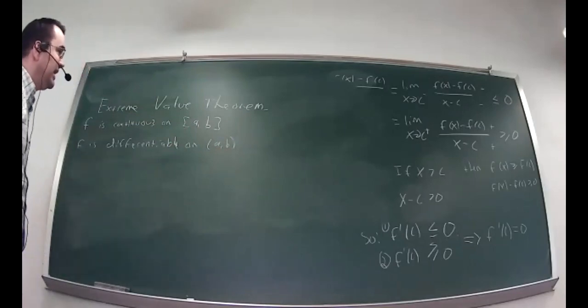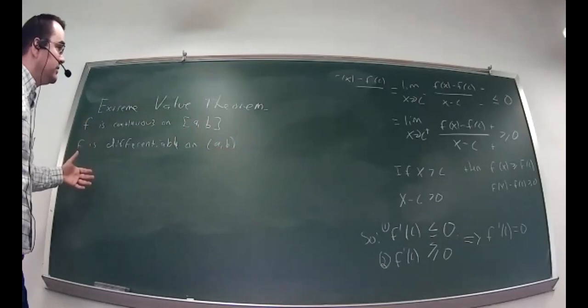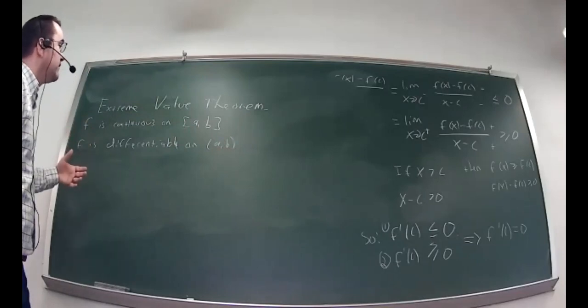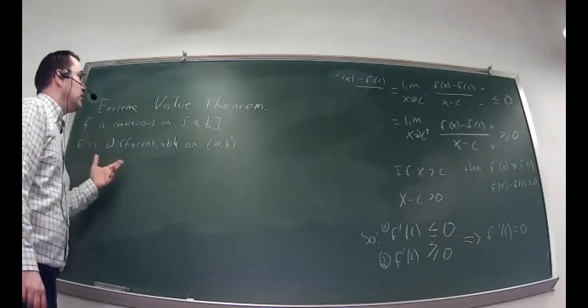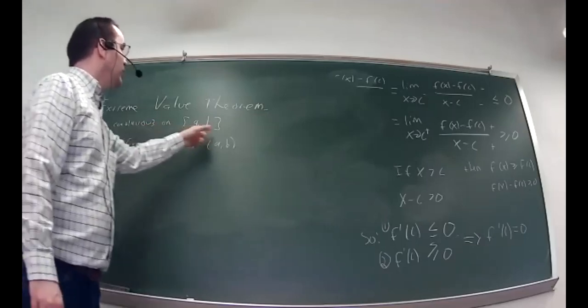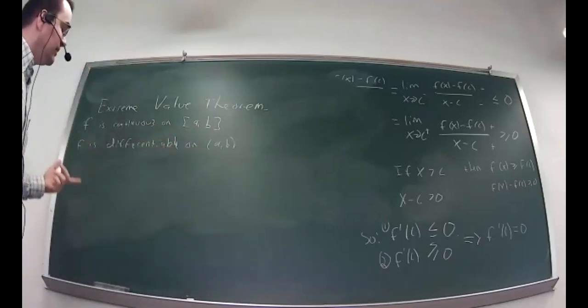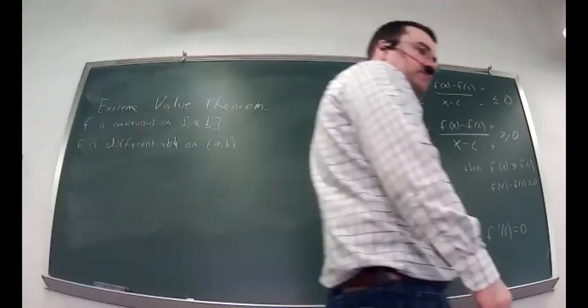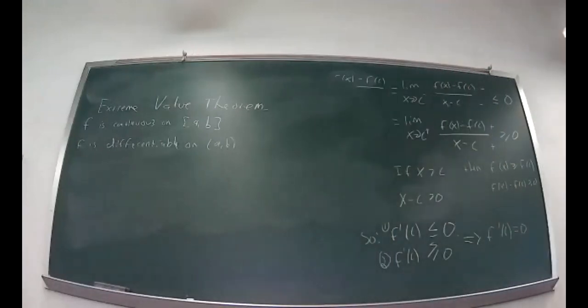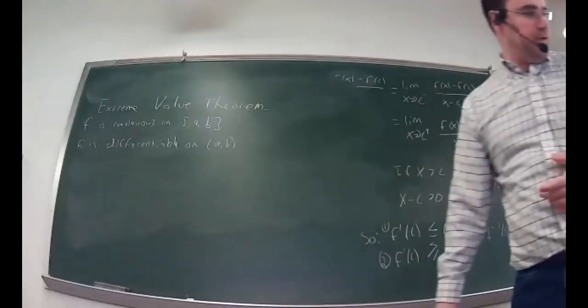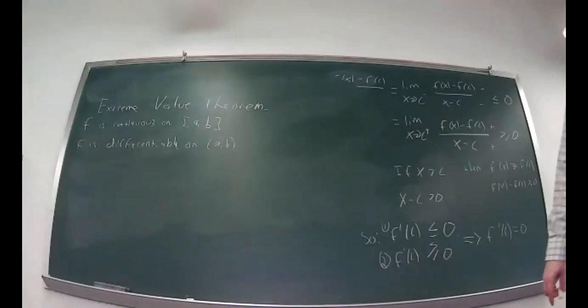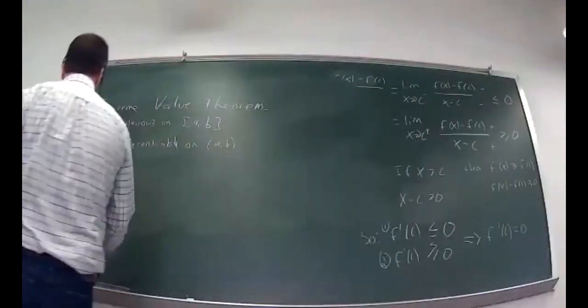And what this is going to say is that the extreme values of f either occur at an endpoint or at a critical point. That's what I want to say, right? So how am I going to phrase this?